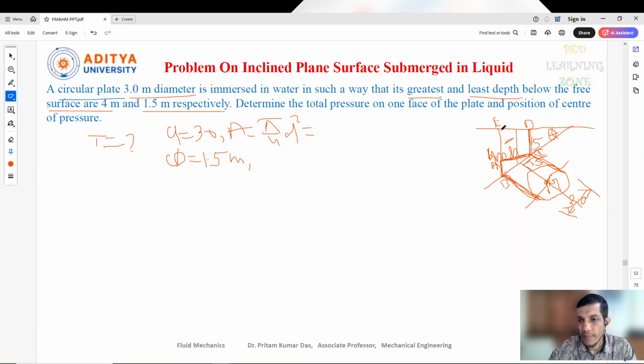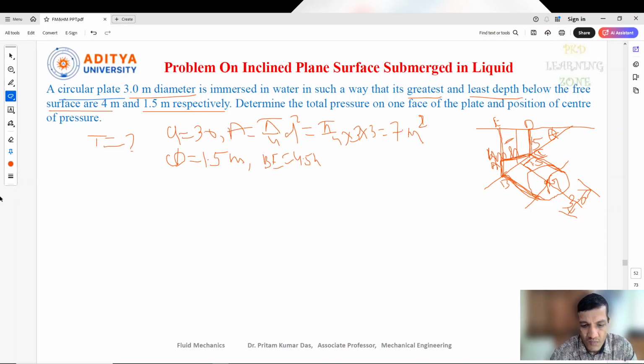And the distance from the highest point, you can see BE equal to 4.5 meter. So the area will be pi by 4 into 3 into 3, so 28 point something by 4, that will be 7 point some value, meter square.